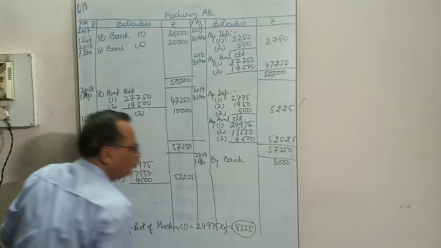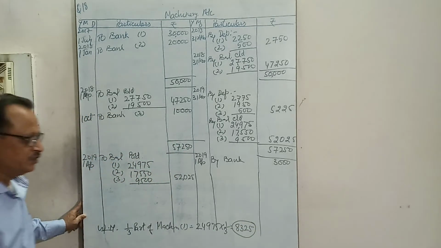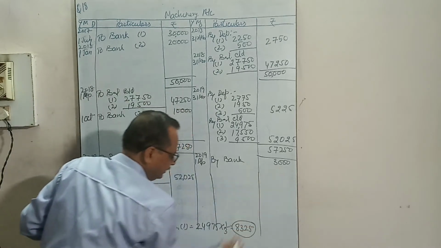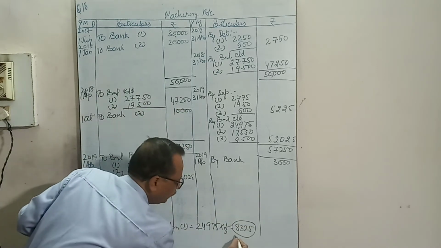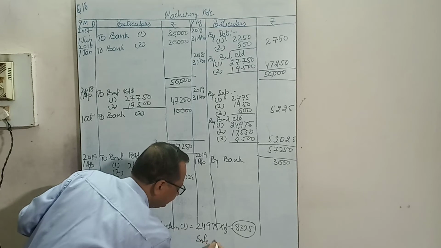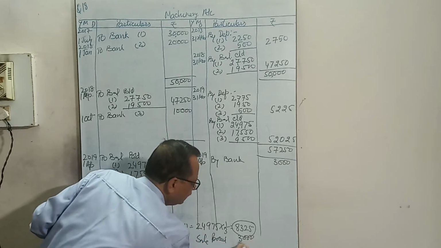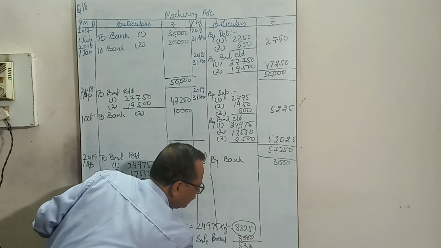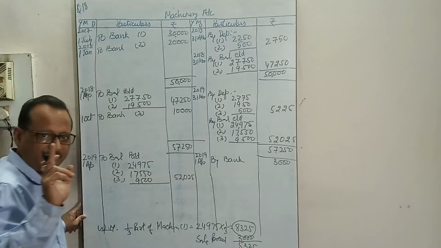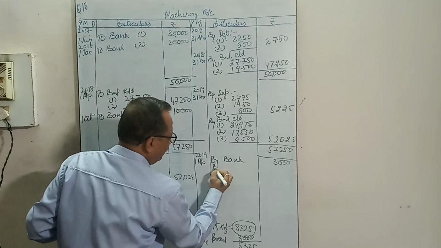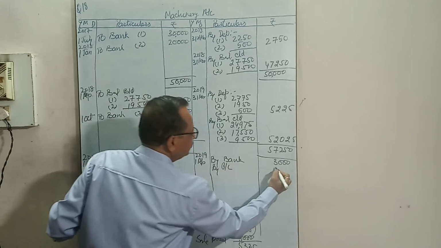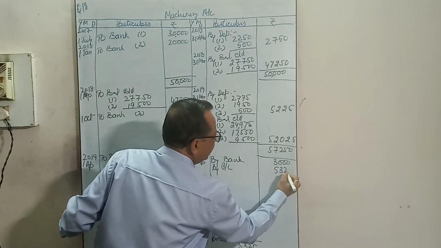Machinery valued 8,325, sold for 3,000. So there is a loss. Sale proceeds 3,000. So it's a loss on the 1/3 part of the first machinery, to profit and loss account, 5,325.